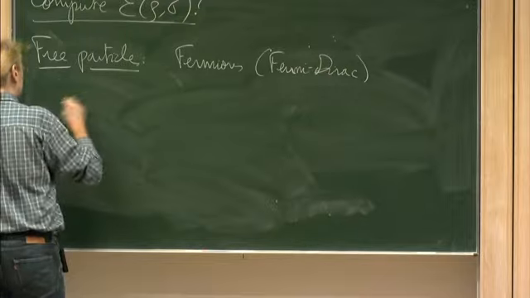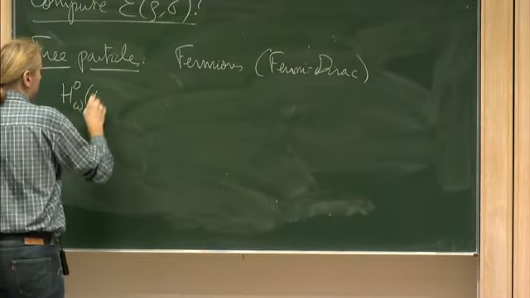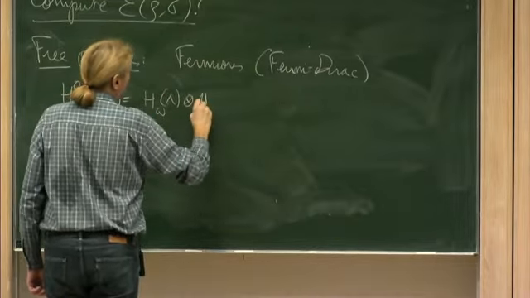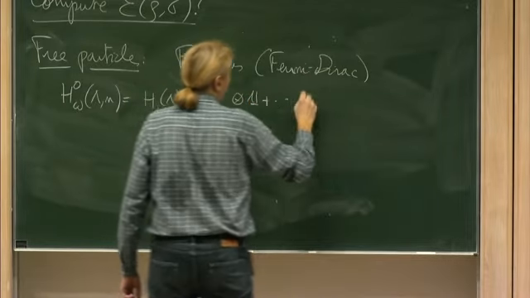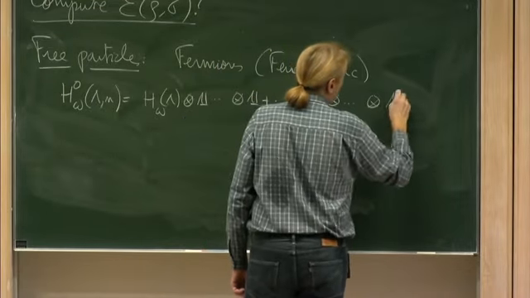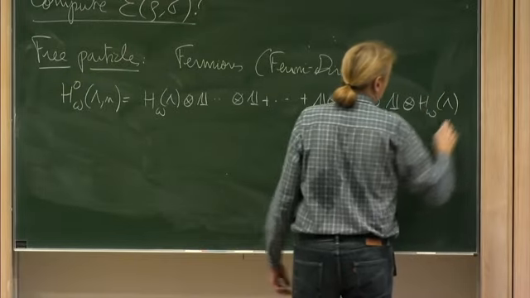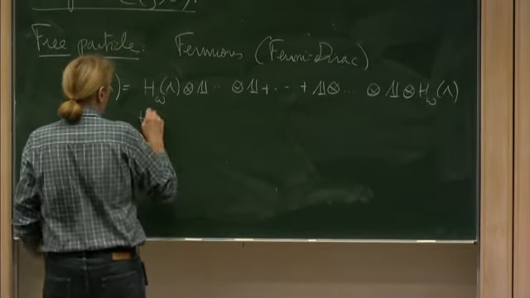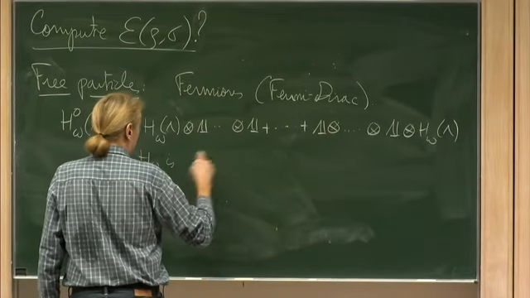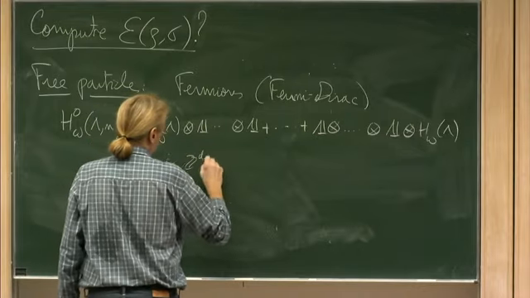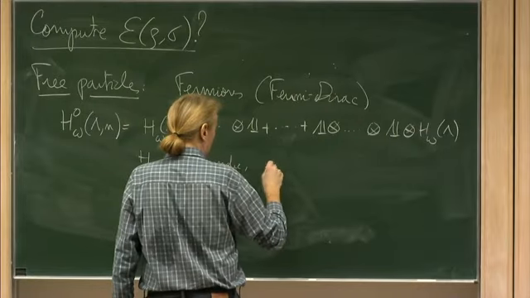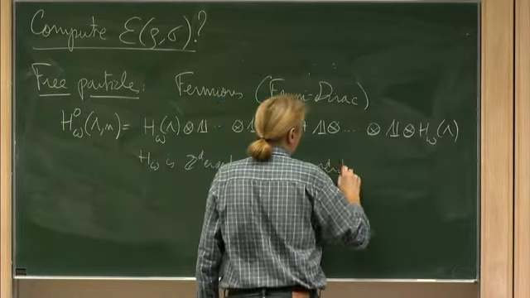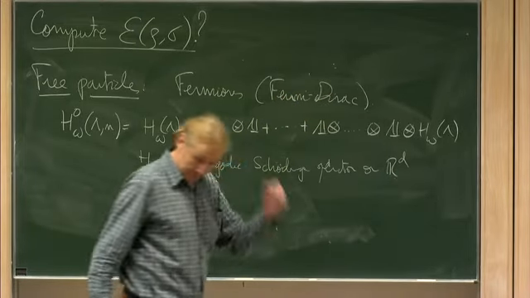So let's do it for a bona fide operator. We look at h omega, I'm going to put a 0 here to remind you that the interaction u is 0, which is just h omega lambda tensor 1 plus 1 tensor h omega lambda, and h omega is your favorite Schrödinger operator, say a random Schrödinger operator, so h omega is a Z^d ergodic Schrödinger operator on R^d.